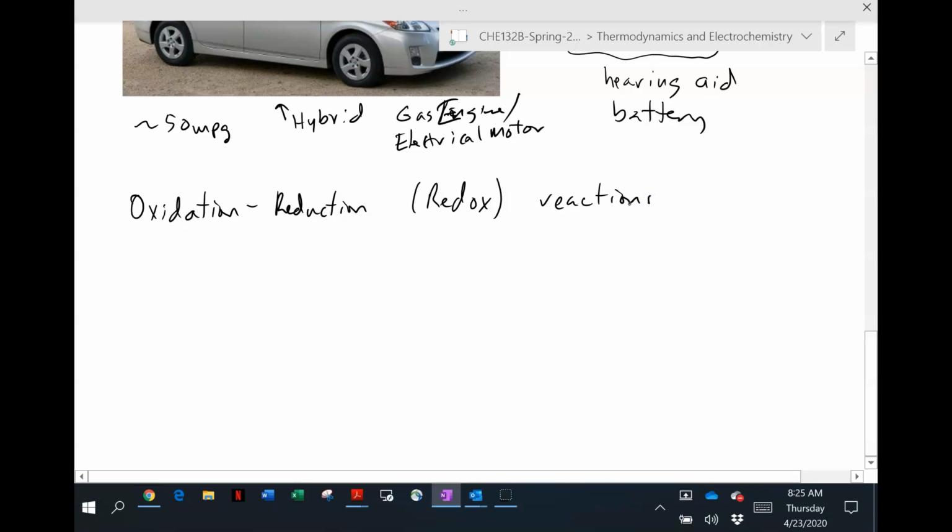And if you look in Chapter 7, Section 2, there is a big review there about redox reactions. We'll go through a little bit of that stuff, but you may want to look at that further, and that's why that's listed in the syllabus as a section that you need to review.